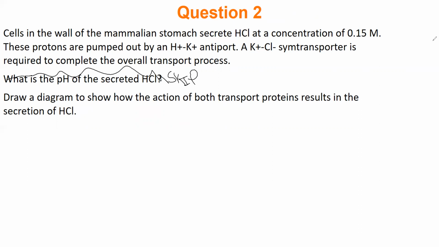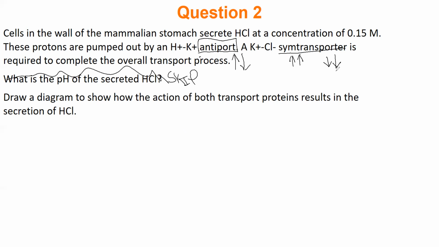So if we look at the question, cells in the stomach secrete HCl at a concentration of 0.15 molar. Protons are pumped out by a hydrogen potassium antiport. An antiport is what we've been talking about, by the way. Antiports will transport things in opposite directions, while a symport transports something in the same direction.